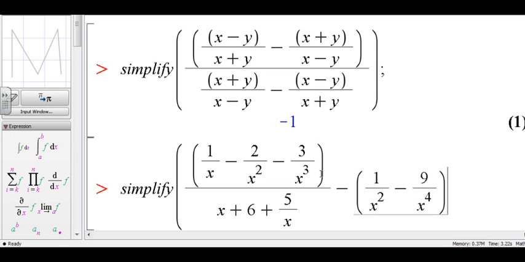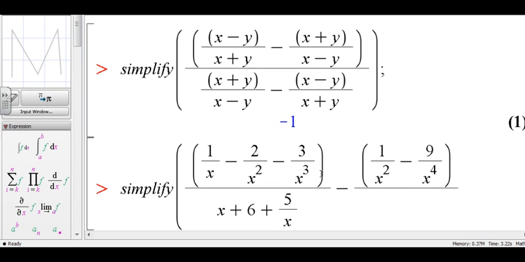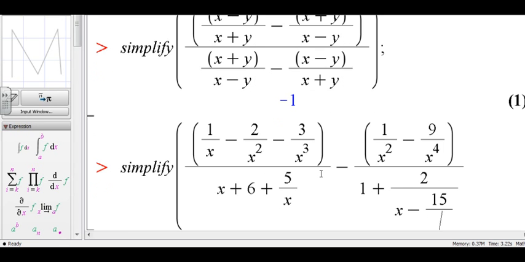Close parentheses. Divided by 1 plus 2 divided by x minus 15 divided by x squared.